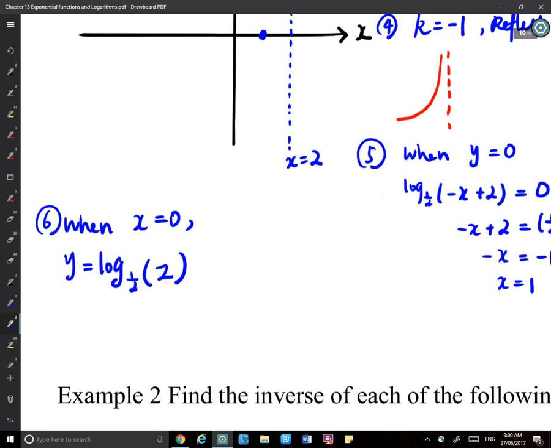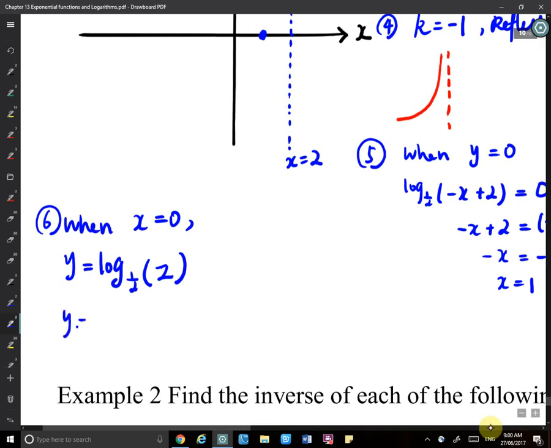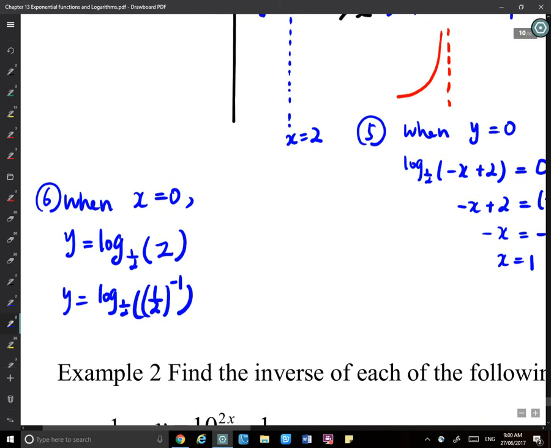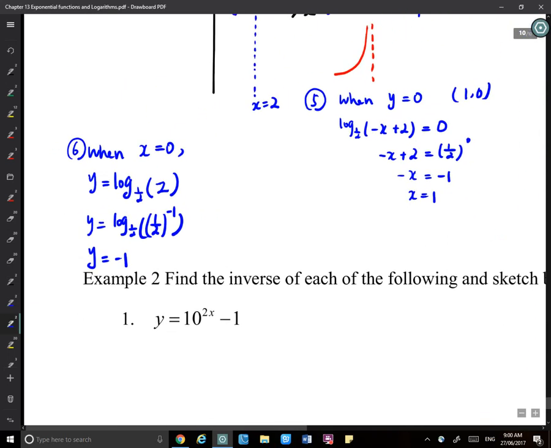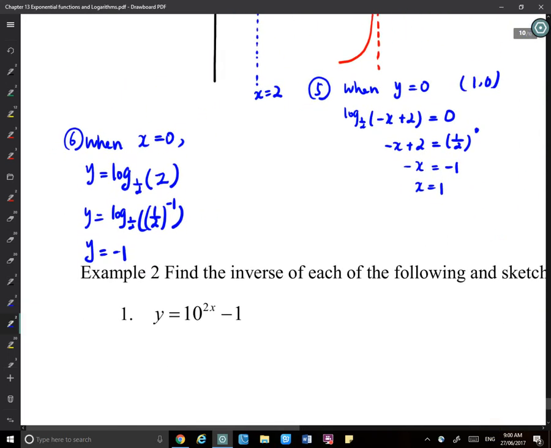Yep, -1, because 2 can be said as a half to the power of -1. And then we can bring the -1 to the front. Therefore, y is just -1. So we have (0, -1) for the y-intercept.